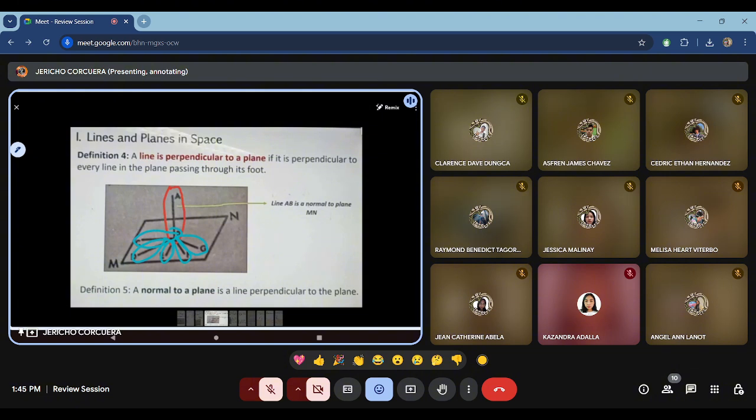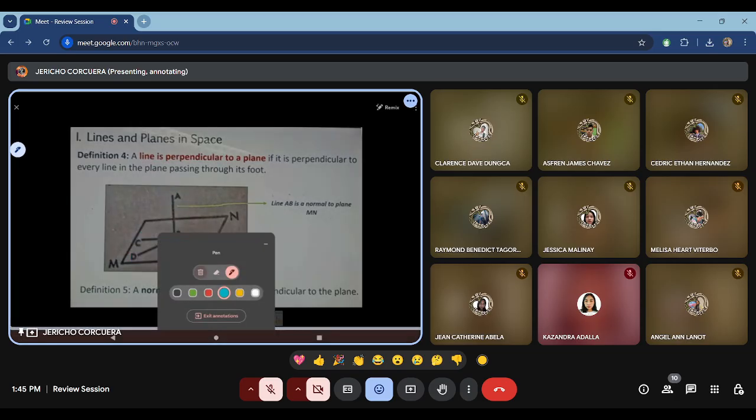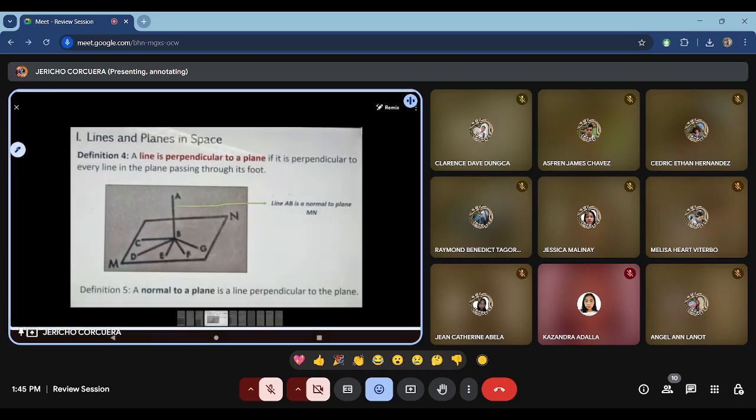And yung foot of the plane is yung point B, from definition 3. Yung mga line CB, line DB, yan ang mga perpendicular to a plane. Yung lines na yun kasi it passes through its foot, the foot of the plane, point B. And line AB is the normal to a plane kasi perpendicular siya to plane MN.